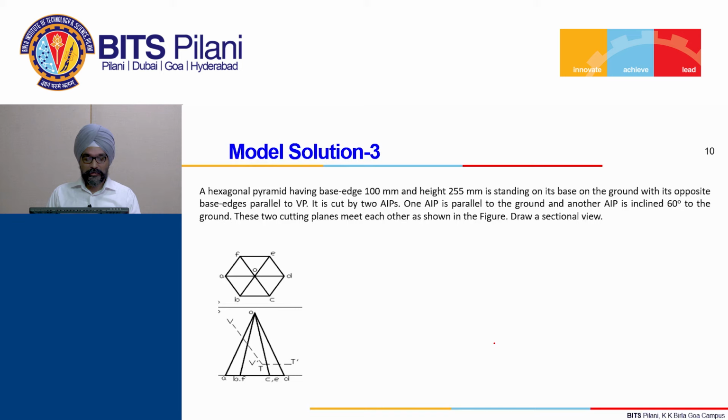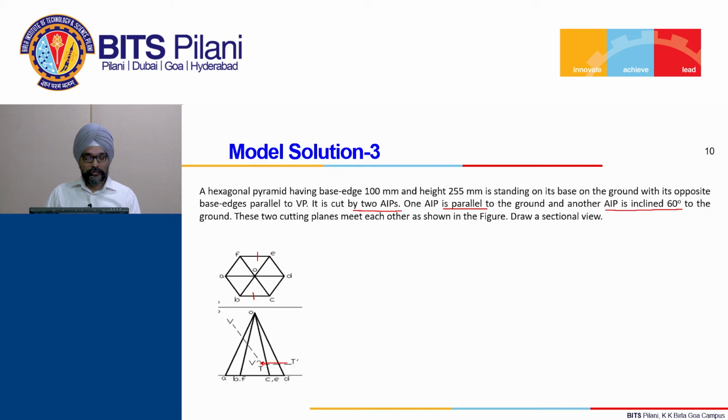You can see how I have shown the opposite base edges parallel to VP, and it is cut by two AIPs. One AIP is parallel to the ground and another AIP is inclined at 60 degrees to the ground as shown in the figure. So they have been shown directly.